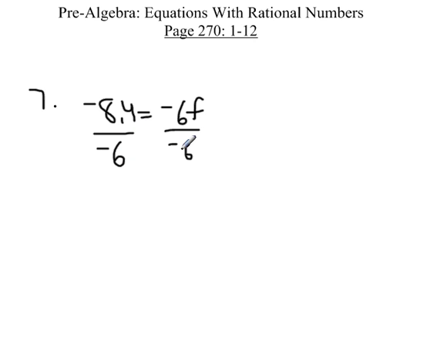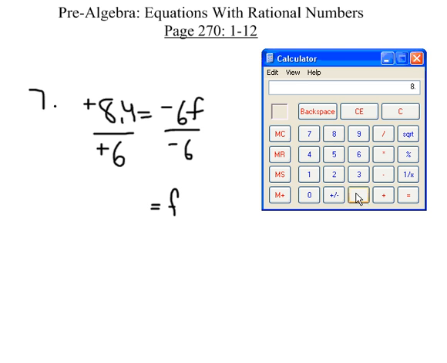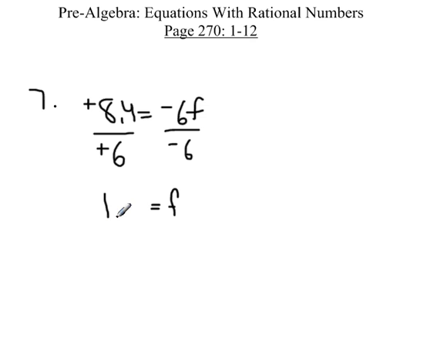So negative 6 divided by negative 6 gives you a positive 1f, which is what you're looking for when you're solving for your variable. Now you do negative 8.4 divided by negative 6. You know that a negative divided by a negative makes everything positive. So what you need to do is the 8.4 divided by 6 part, and you get 1.4. So go ahead and draw that in. You've solved it. So don't overthink those. That's probably going to be your biggest danger.